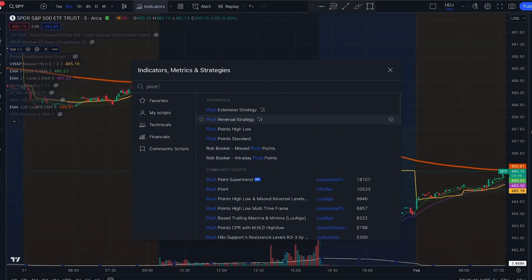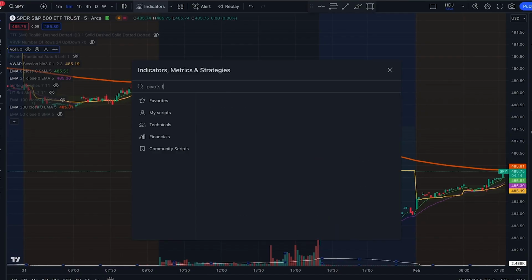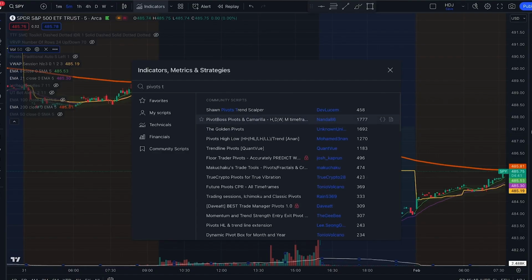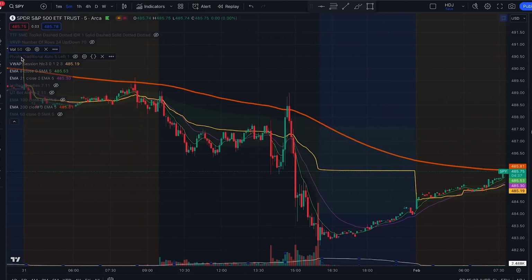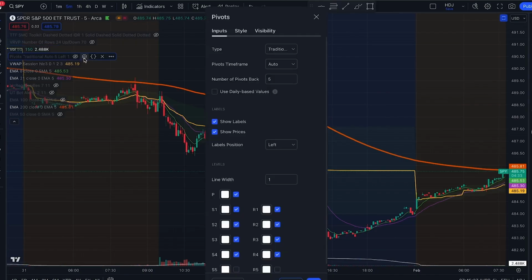Pivot point standard. That's going to be this one here. And here are the settings for the pivot points. So you can copy these settings. Everything I have here, just copy this. Now leave it up here for a little bit. But pivot points are really good.